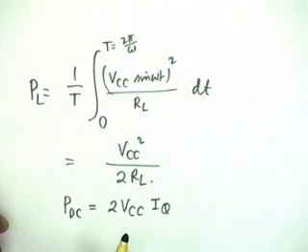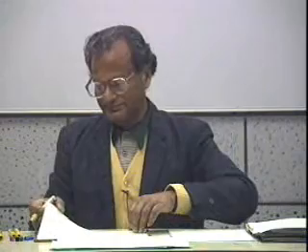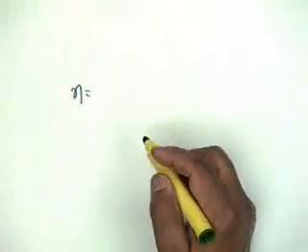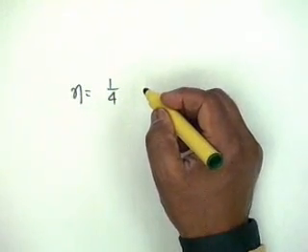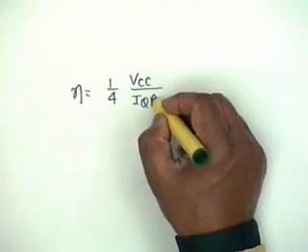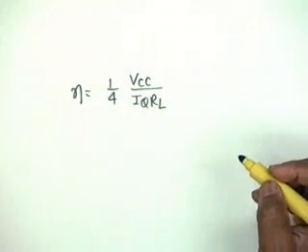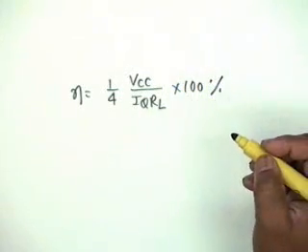Very simply, okay? And therefore, the efficiency eta, which is the ratio of the two, is simply 1/4 VCC by IQ RL. Let's multiply this by 100, so in percent.